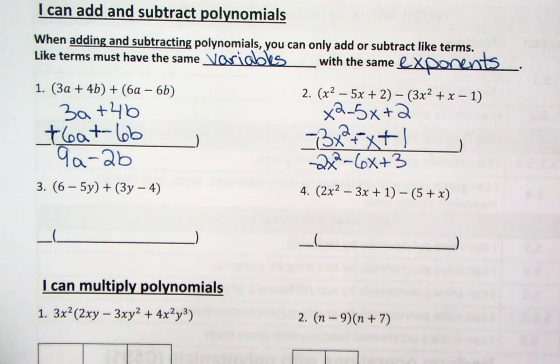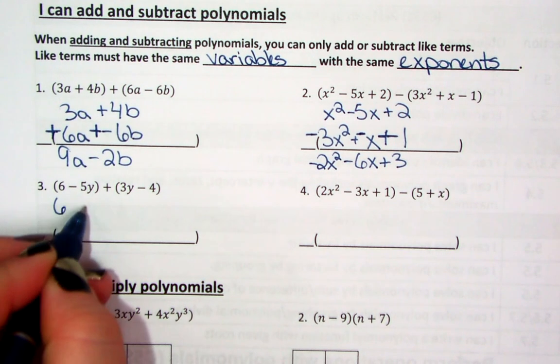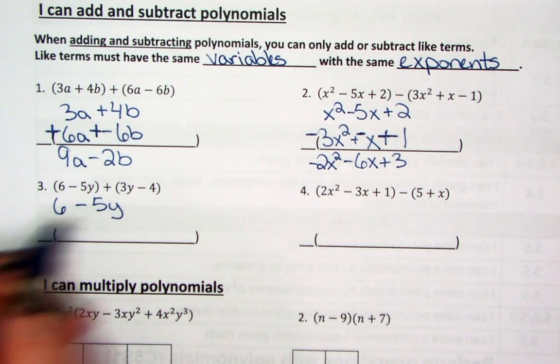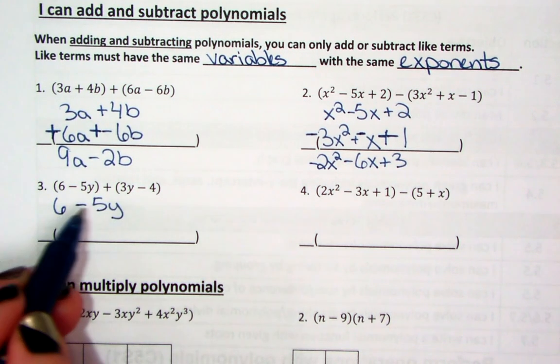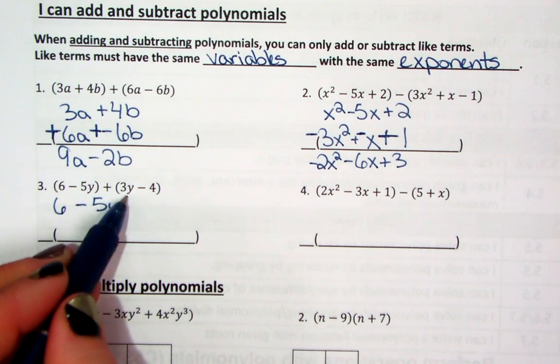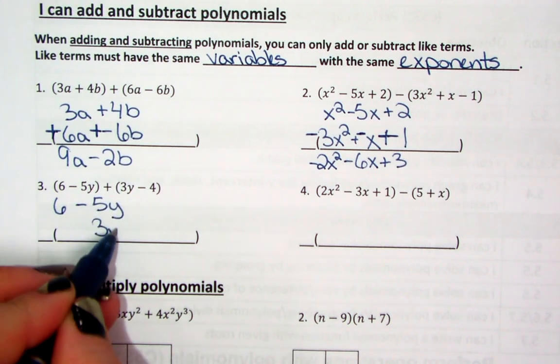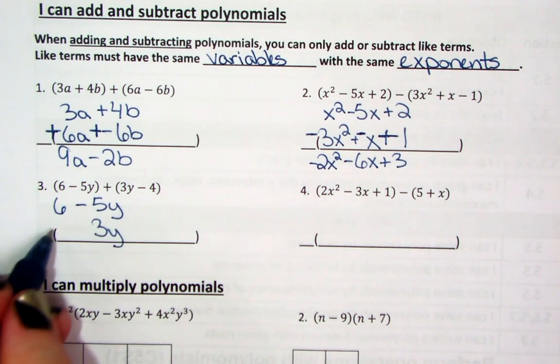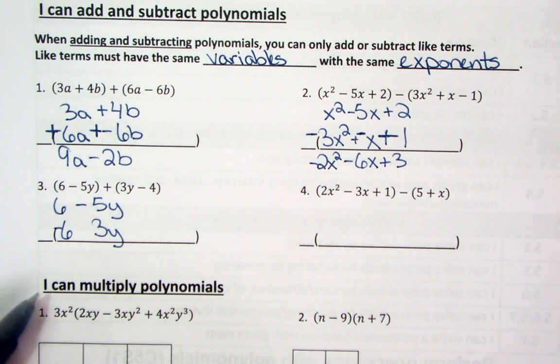Number 3. There's the first polynomial, and the second polynomial I have 3y, so that goes underneath the y, and negative 4 goes underneath the 6.